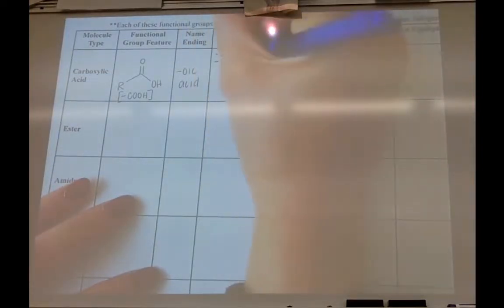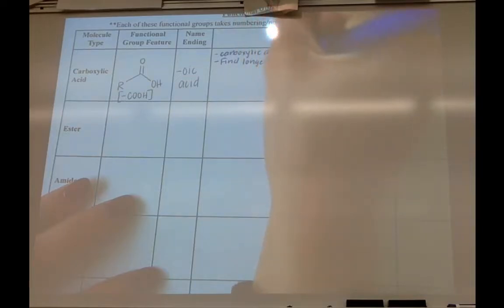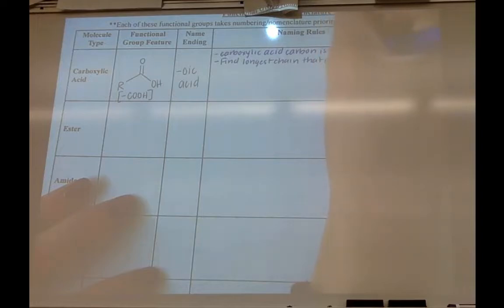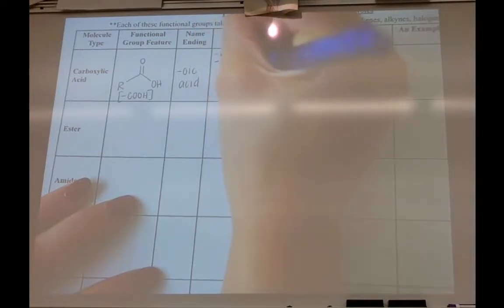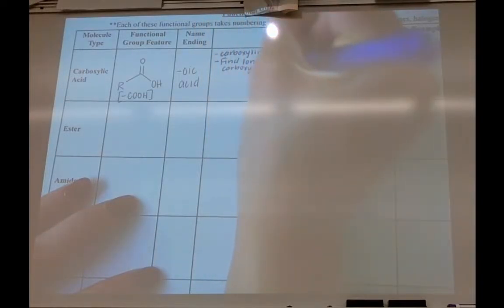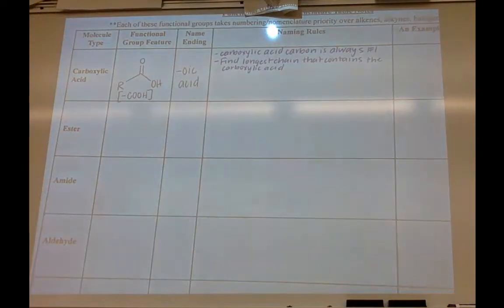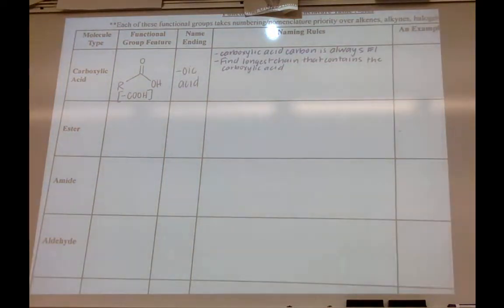So then we find the longest chain that contains the carboxylic acid. So start by numbering your carboxylic acid, carbon number 1. Then you find the longest chain containing the carboxylic acid. So the longest chain has to contain that COOH.